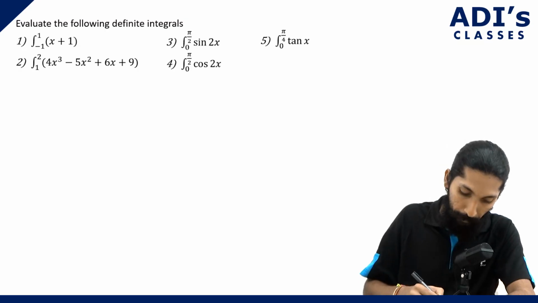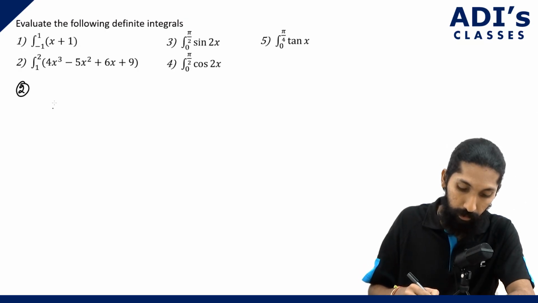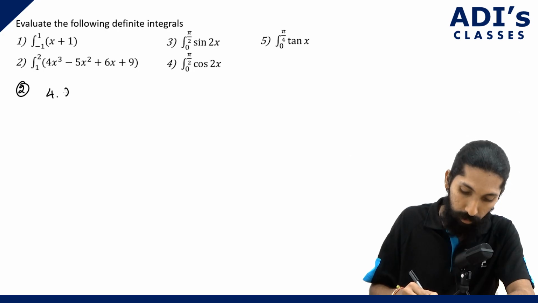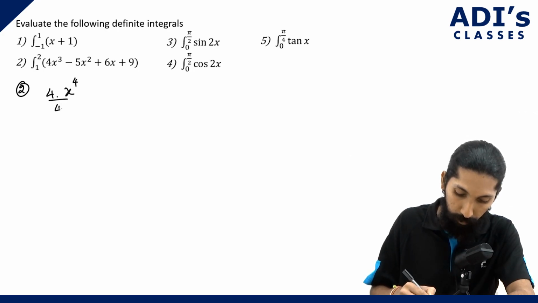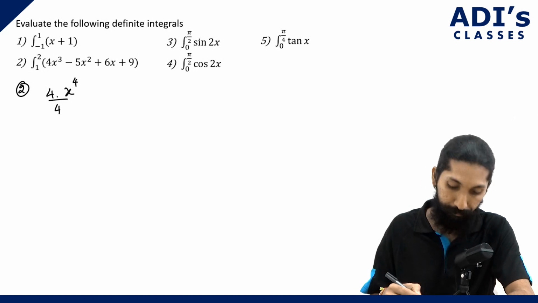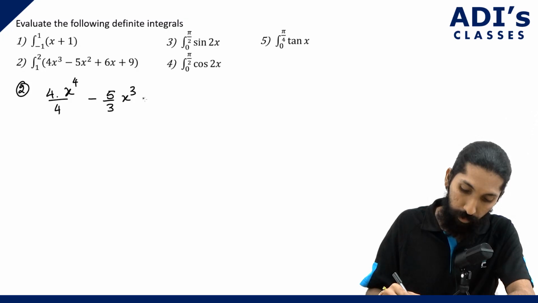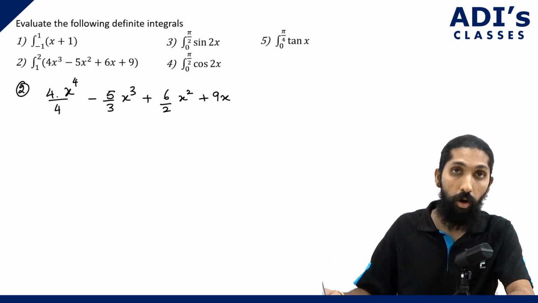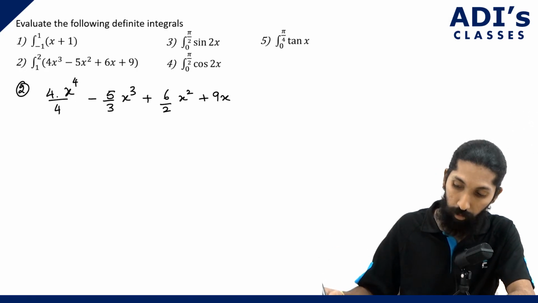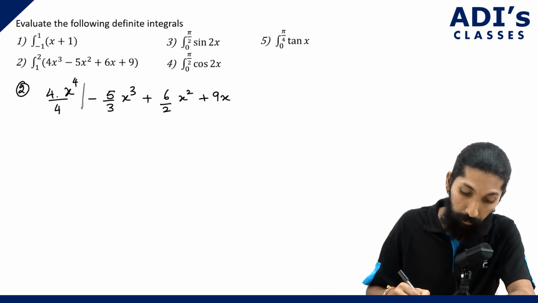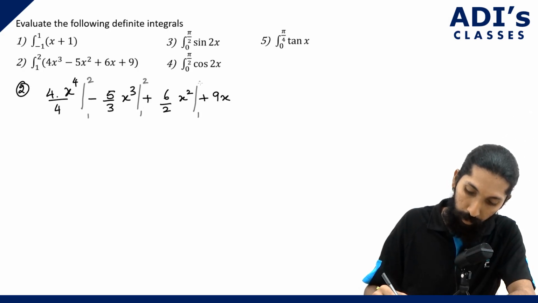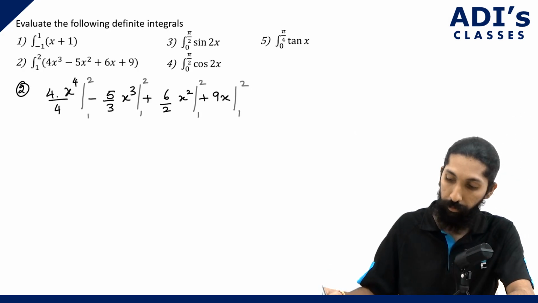That's all. Okay. So here, when you start integrating, 4 into x to the power of 4 divided by 4, the integral of 4x cube, minus 5 by 3 into x cube, plus 6 by 2 x square, plus 9x. Now for all of this, the limit is 1 to 2, for each term.